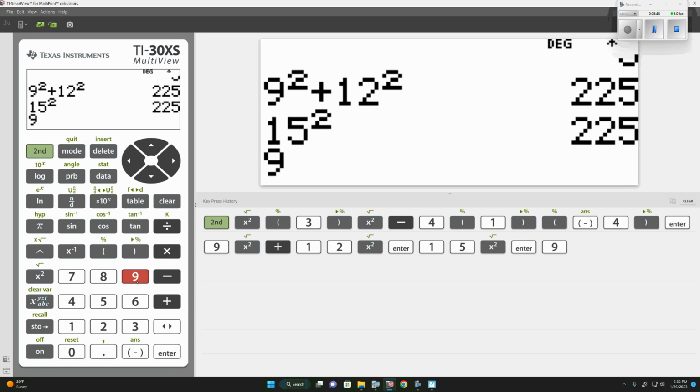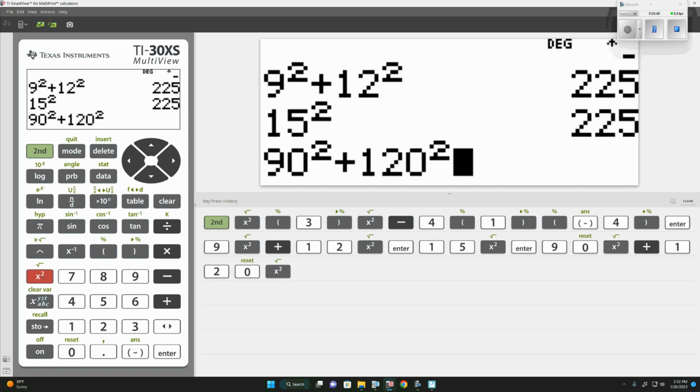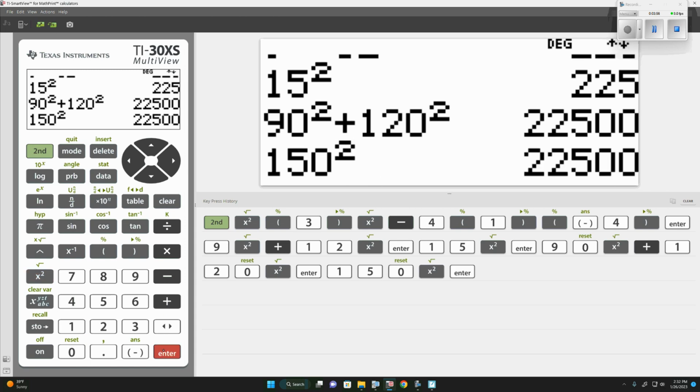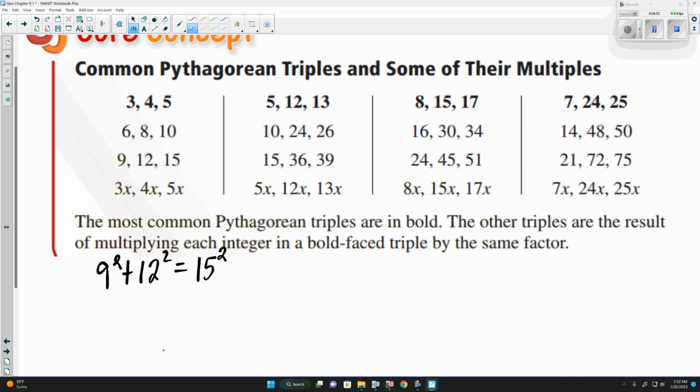We could say 90 squared plus 120 squared is 22,500, which is equal to 150 squared. And it's still true. So these are kind of nice to know. Really, you can just say any multiple of those, because the first set is just multiplied by 2, the second set by 3.